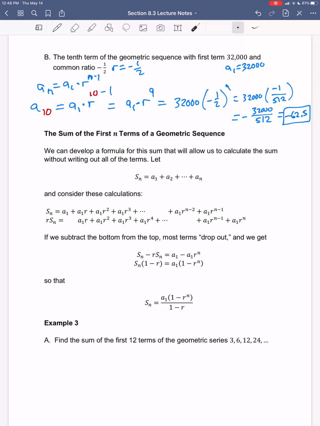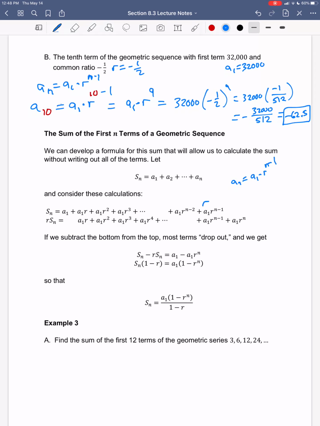Now, here's some calculation. So s sub n is going to be a sub 1 plus a sub 2 all the way up to a sub n. Remember though, a sub n is a sub 1 times r to the n minus 1.